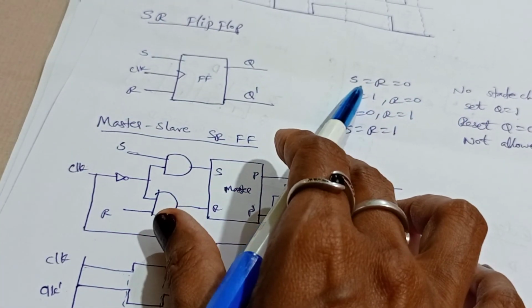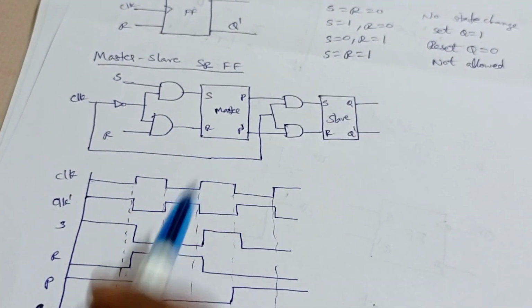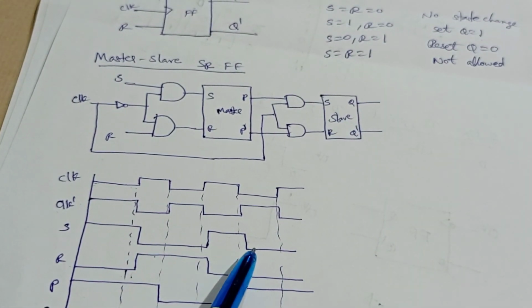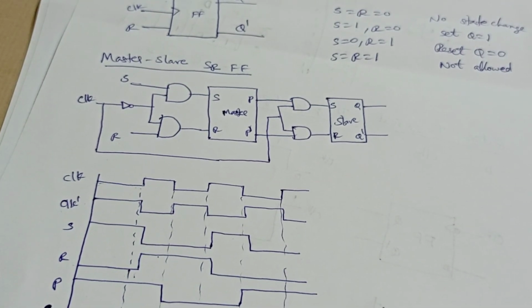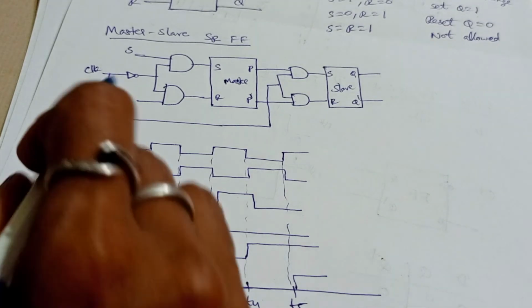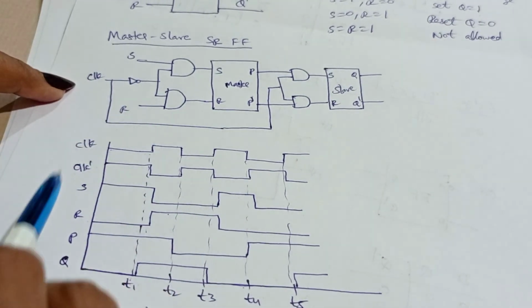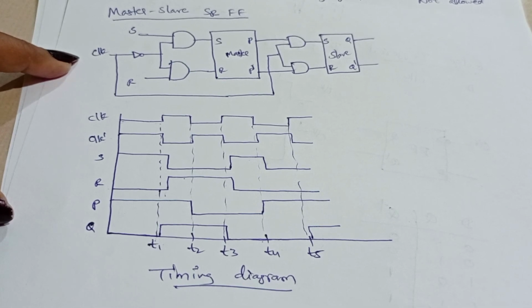When S and R are both 0, there is no state change. But here, with 0 0, it is changing. This is the problem. We can solve this by giving the clock high. When the clock is high, this problem will be solved. This is about the master slave SR flip-flop.